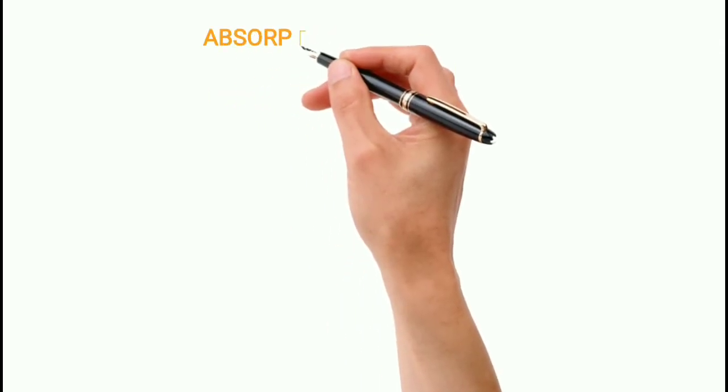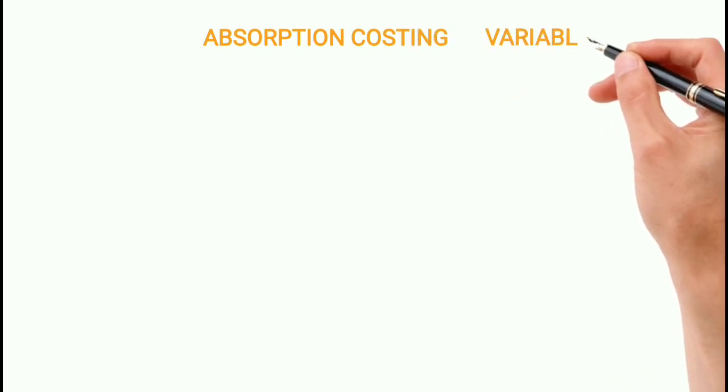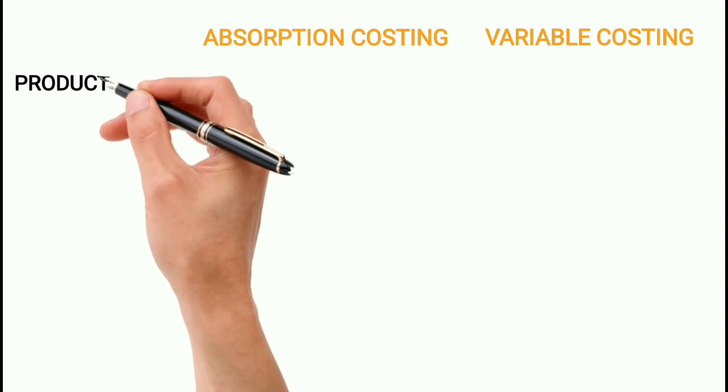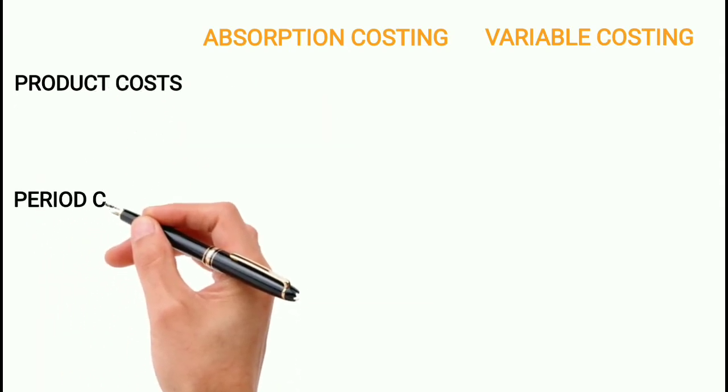Dito sa absorption and variable costing, merong dalawang costing methods. At yung dalawang costing methods ay tinatawag na absorption costing at variable costing. Now, let us study kung ano ba yung product costs at period costs under each costing method.